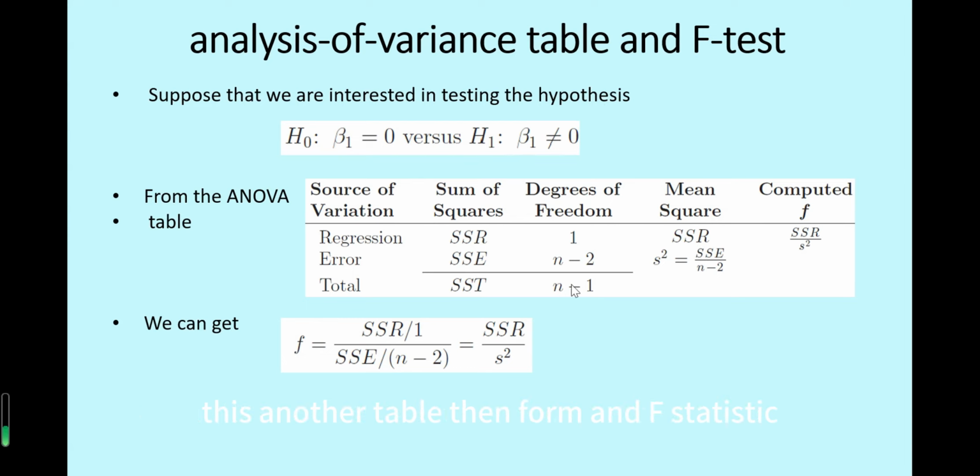We use this ANOVA table to form an F-statistic, which is SSR divided by SSE with its corresponding degrees of freedom in the denominator. This is SSR divided by S squared, where SSE divided by n minus 2 is called S squared. S squared is an unbiased estimate of the model's variance, the variance of the y variable.